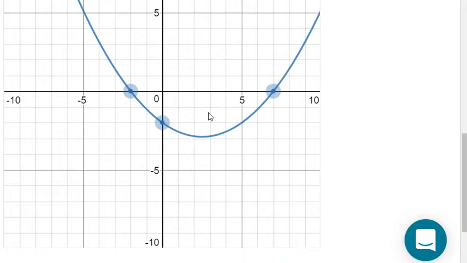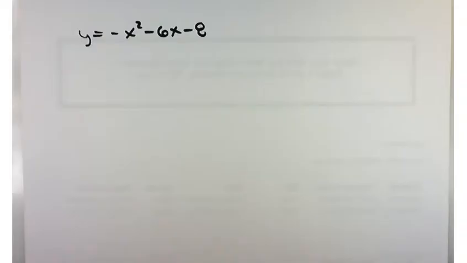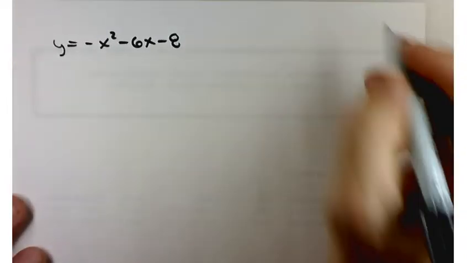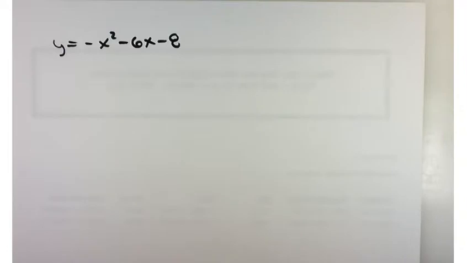So y equals negative x squared minus 6x minus 8. So if you're looking for it, it's right there. We're going to play the same game here that we did with the previous one. We're going to find the x and y intercepts and also the vertex.